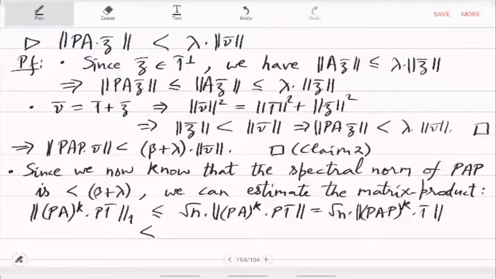And now from the above claim, you just repeat it K times. So every time you will get a shrinkage of beta plus lambda.